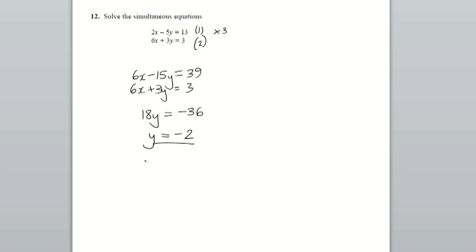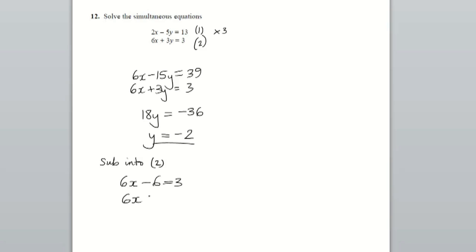If I now substitute that into equation 2, for no particular reason, remember it's got to work in both. 6x add 3y means 6x take away 6 equals 3.